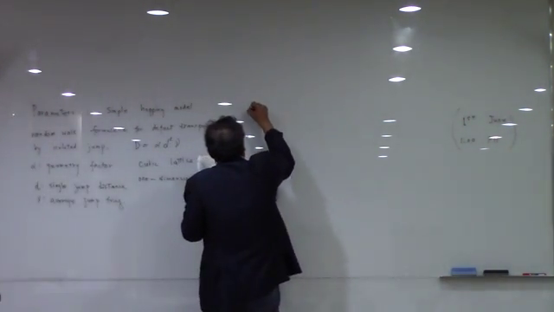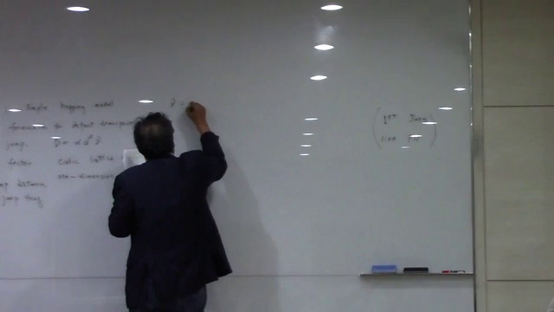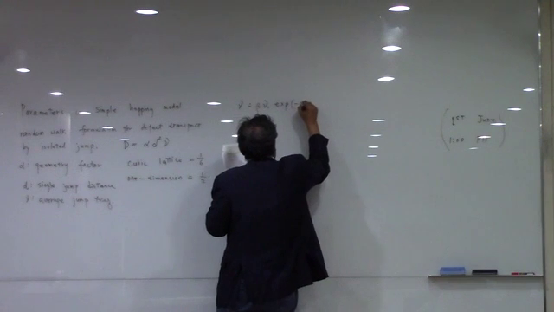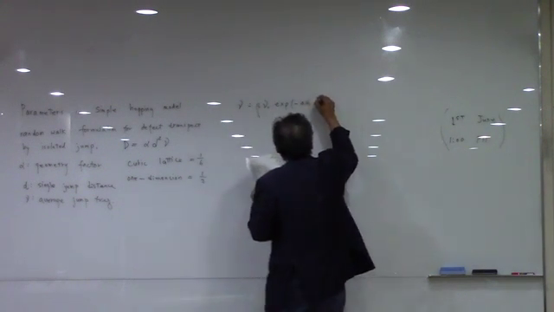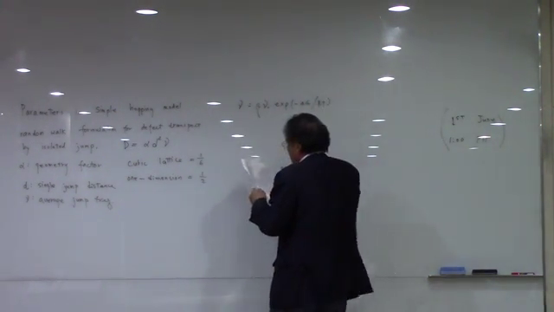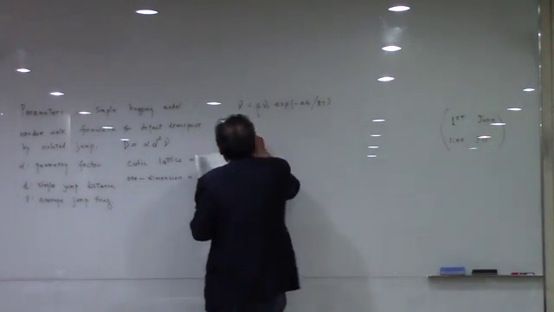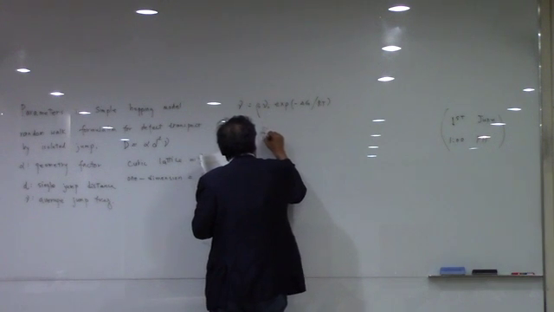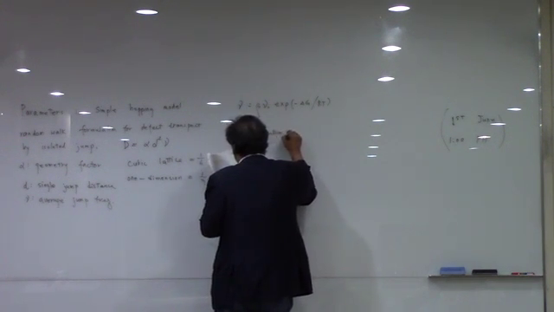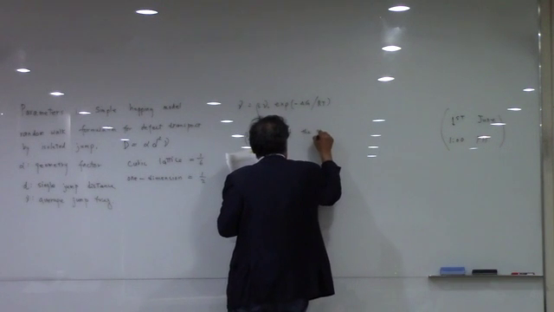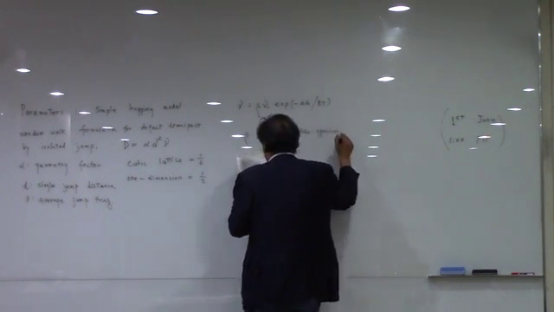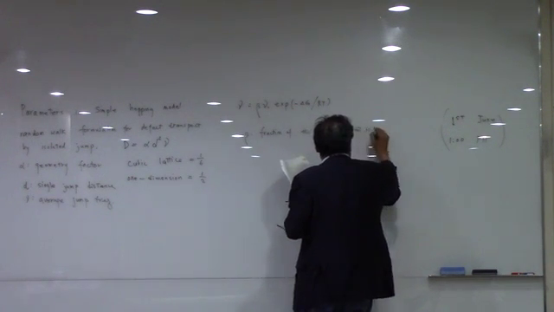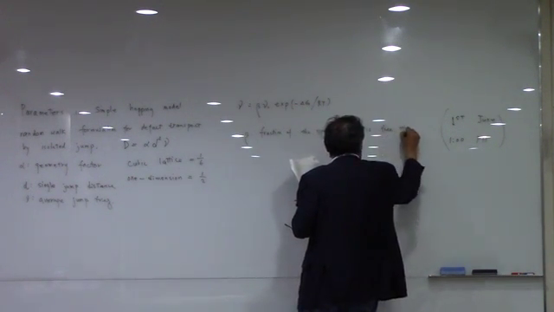And nu is beta nu naught exponential minus delta G over RT, and beta is the fraction of the species that is free to move.